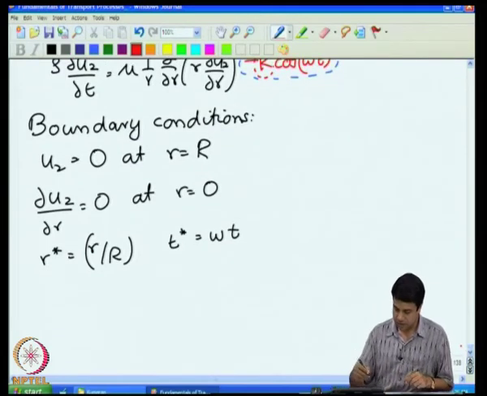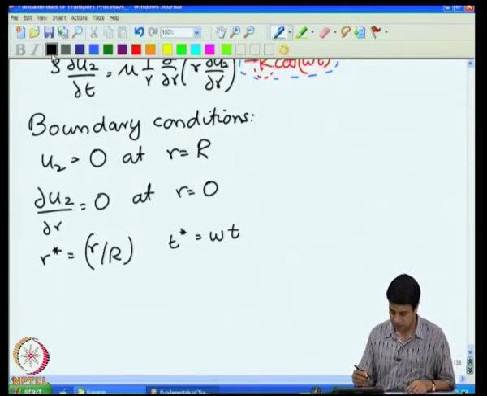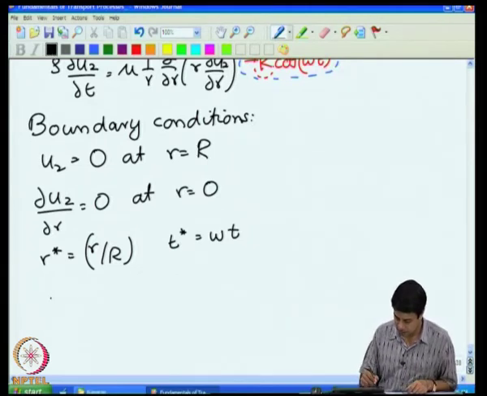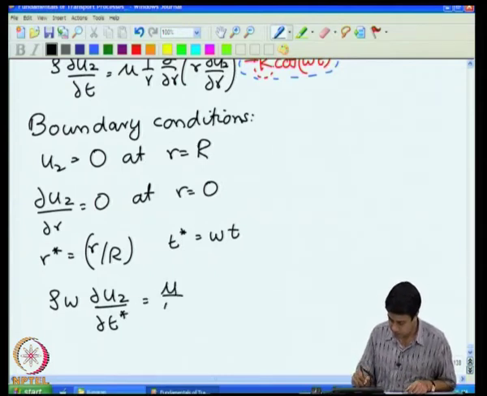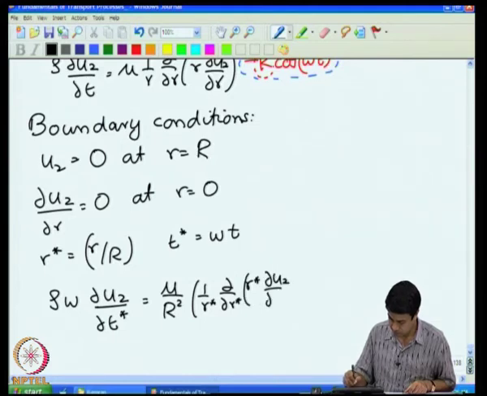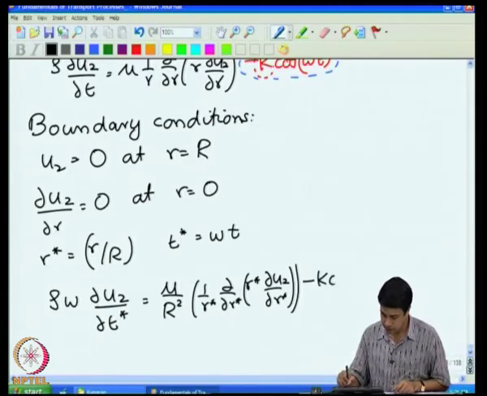If I just write down the scaling for the time and spatial coordinates, I will get an equation of the form rho omega duz by dt star is equal to mu by r square, minus k cos t star.